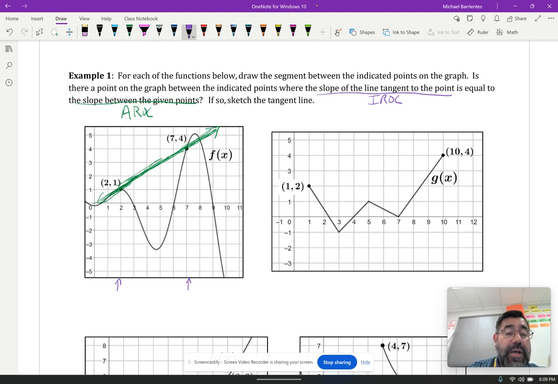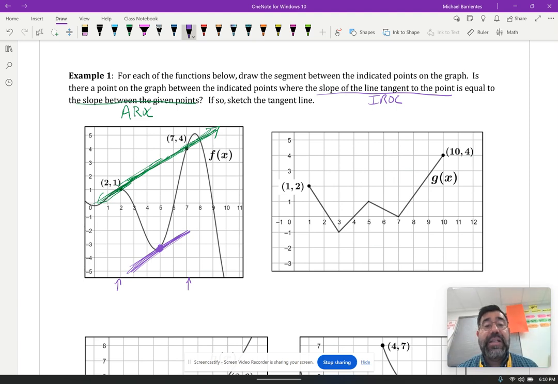I'm sorry that I'm doing a bunch of little lines here, but I'm trying to hit the point. Maybe somewhere there. At that particular point in purple, the tangent line has the same slope as the secant line. That's what the mean value theorem is telling us.